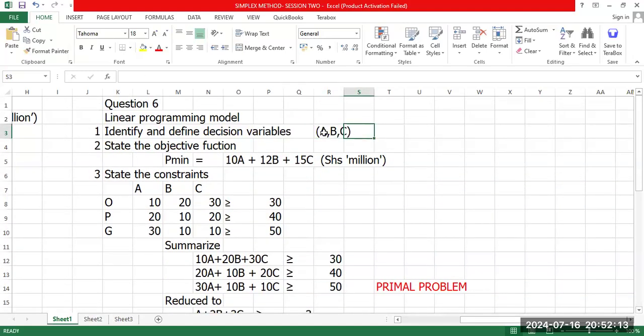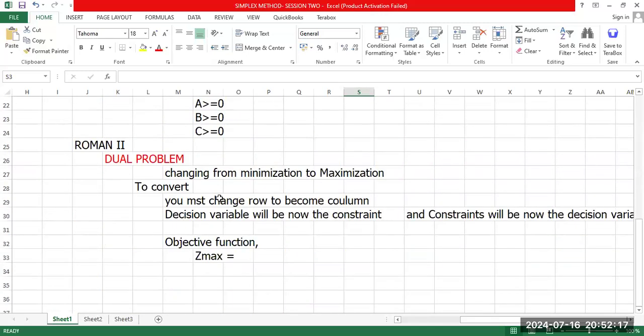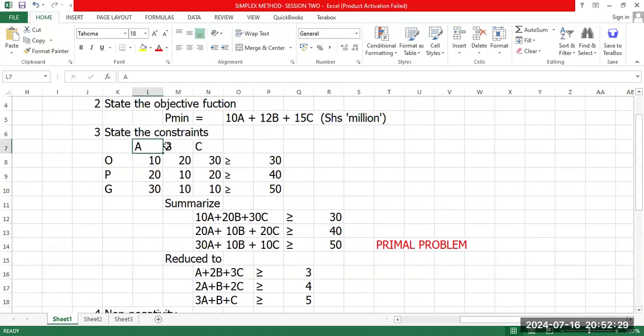A, B, and C are decision variables. But now, since we are changing to the dual problem, the decision variables will now be the constraints. So if I had my decision variables here, they are going to appear this side.